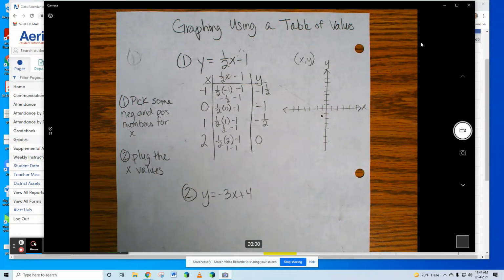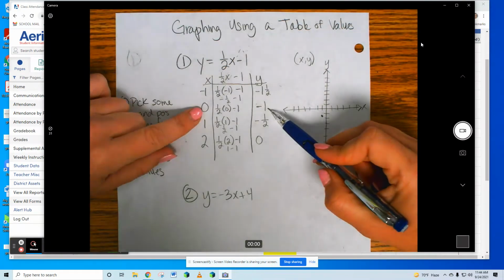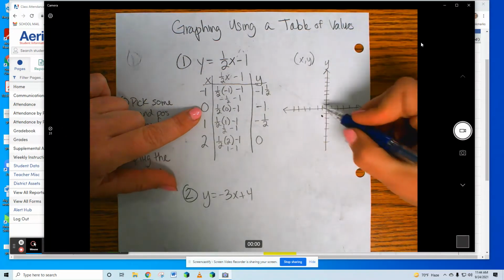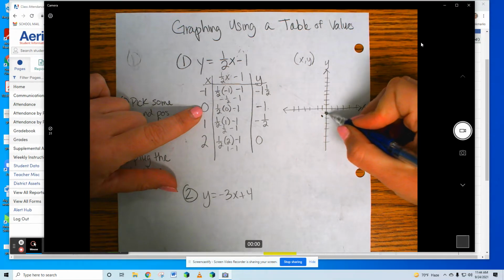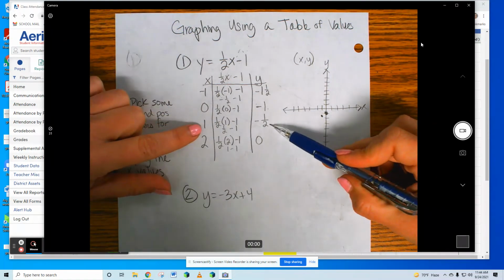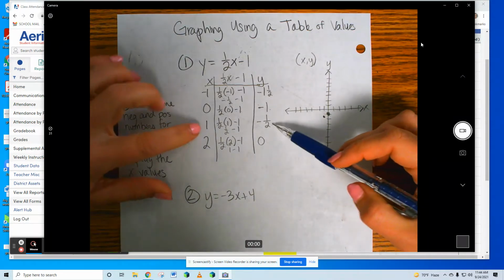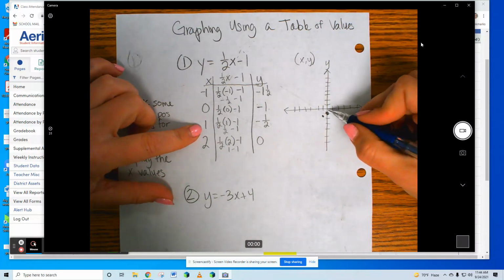And then 0, comma, -1. That's my y-intercept. Plot that point on your graph. 1, comma, -1/2. Over 1, down 1/2. 1 to the right, down just 1/2.